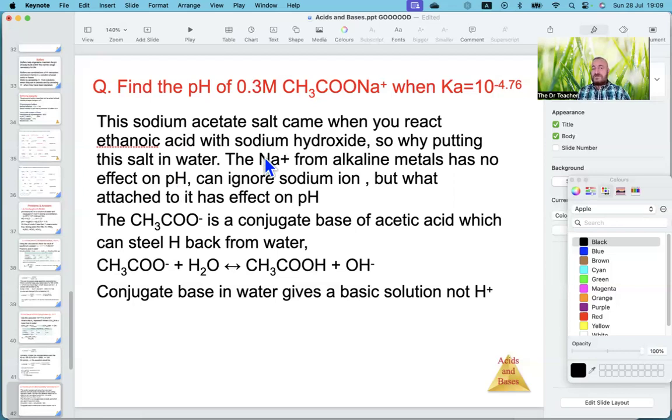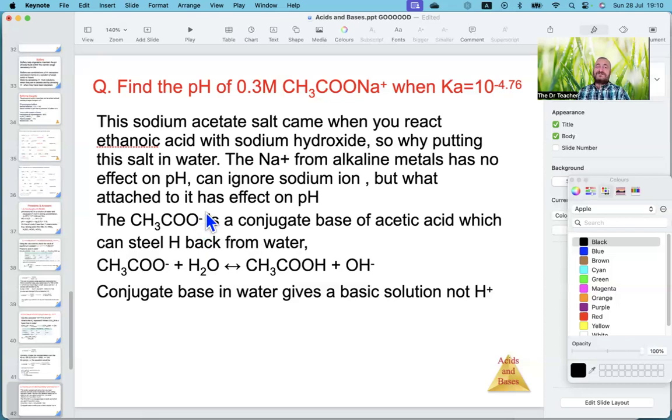Okay, sodium here has no effect, we can ignore the sodium ion, but what is attached to it is important. This one is important, CH3COO minus. CH3COO minus is the conjugate base of acetic acid.